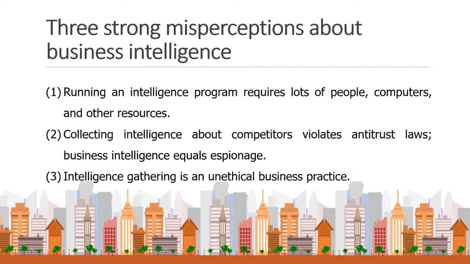Kasi yun nga, based sa na-mention natin sa previous slides, there are some tactics or moves na ginagawa yung isang firm na unethical just to get information from other companies, from their competitors. Remember, unethical tactics such as bribery, wiretapping, and computer break-ins should never be used to obtain information. And again, we have the internet.